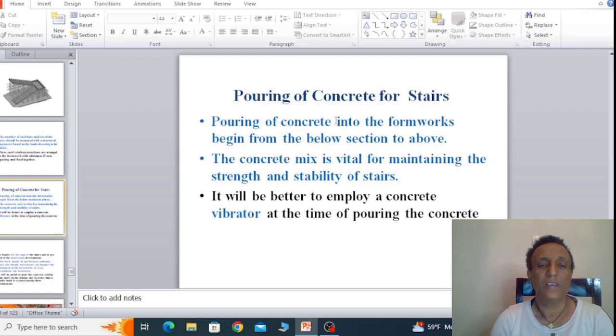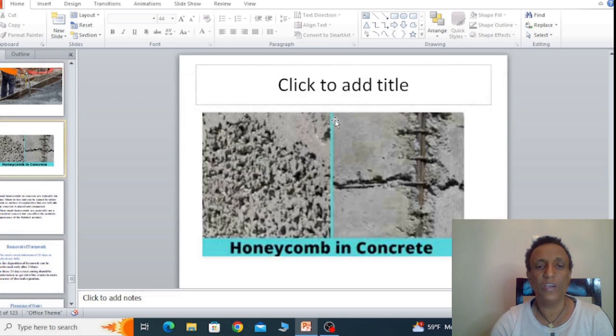In this stage, the concrete mix should be uniform and the ingredients should have the right proportion. It will be better to employ a concrete vibrator in order to avoid the honeycomb structure.